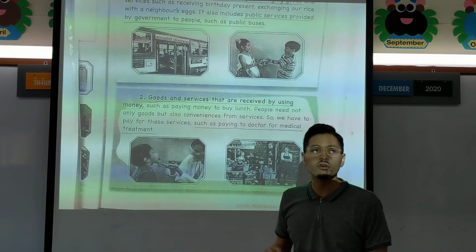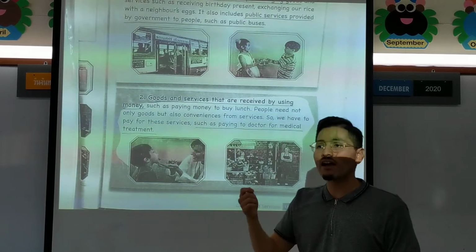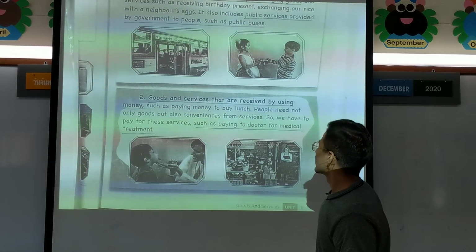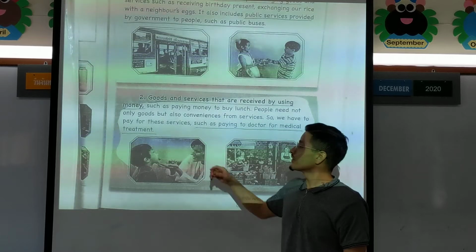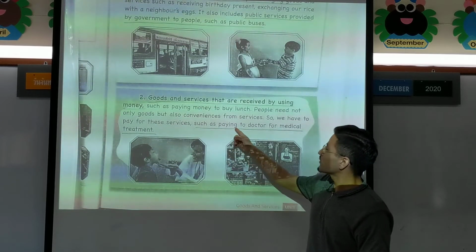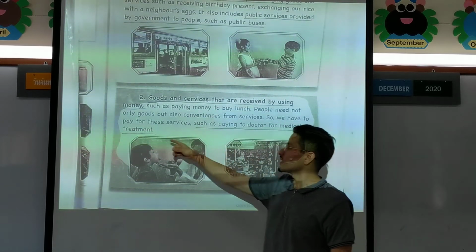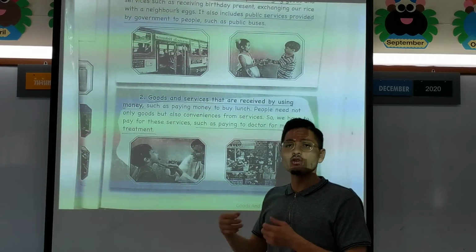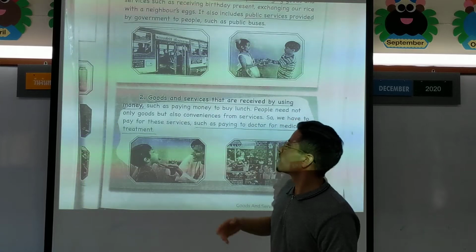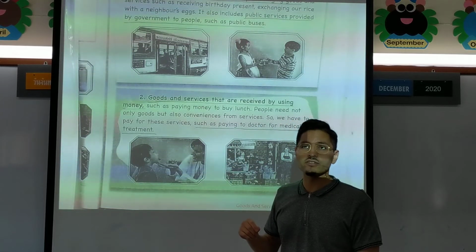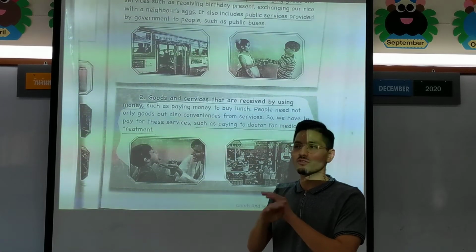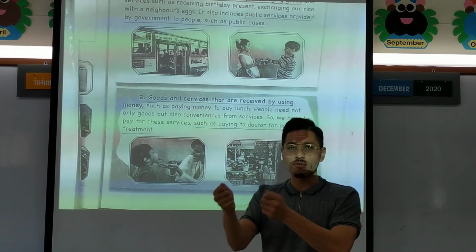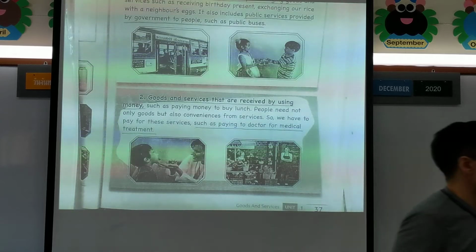If I go to 7-Eleven, I have to use money to buy things in 7-Eleven. If I go to the doctor, such as paying the doctor for medical treatment, you have to pay for the doctor to do a service for you. So there's two kinds of goods and services. One, you don't use money, and the second, you have to use money to pay for it, okay?